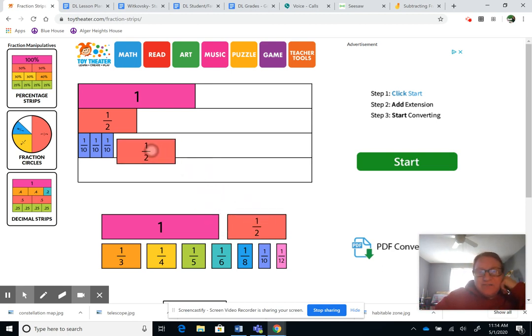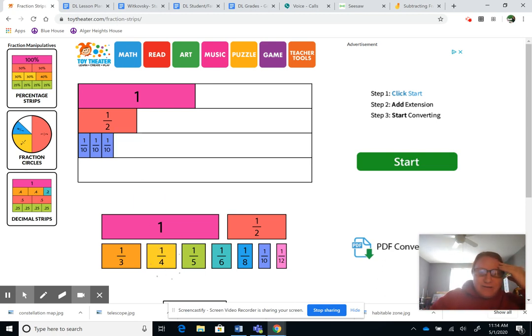I can see 1/2 is going to be too big. 3 is not in common. 4 is not in common. 5 is, though. But when I count by 10s, Miss Witkowski, I don't get 5. No, but you can divide 10 and get 5, right? 10 divided by 2 is 5. So that also works, fifths.